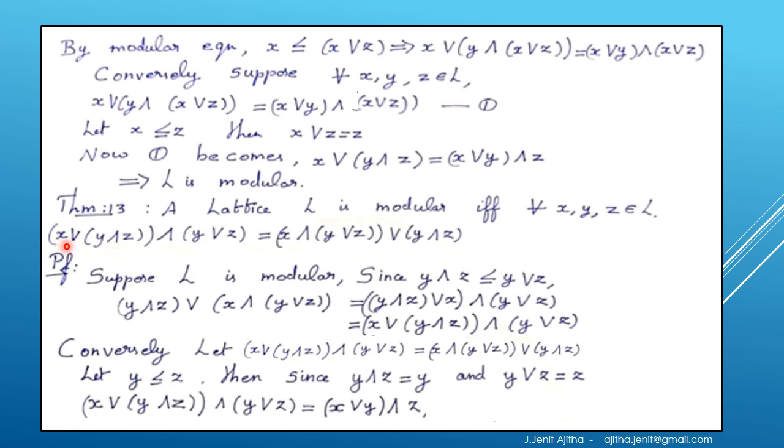That is, X join (Y meet Z) meet (Y join Z) equals (X meet (Y join Z)) join (Y meet Z).